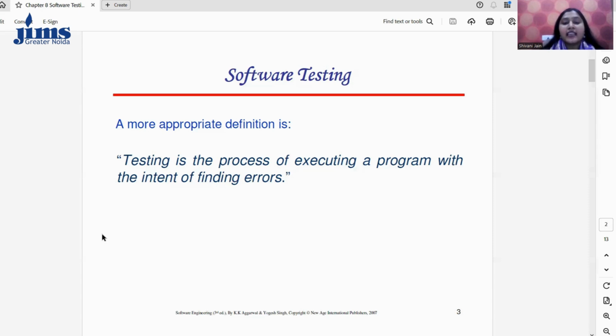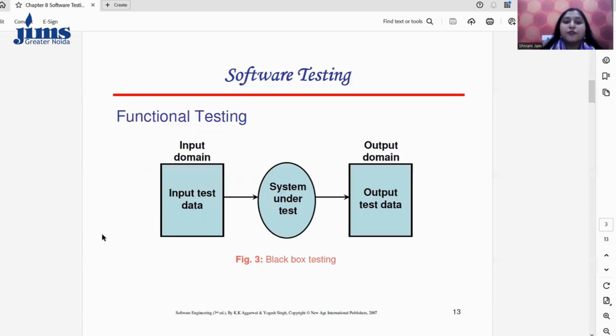Testing is of two types. The first one is functional testing, also known as black box testing. In functional testing, we just focus on whether our program is working fine or not. It means that given an input, it should give the expected output. If that is not the case, then we say that there is some problem in the program and we have to correct it.